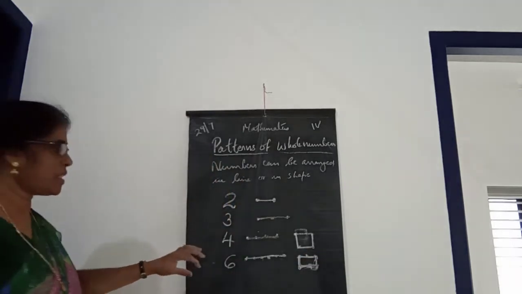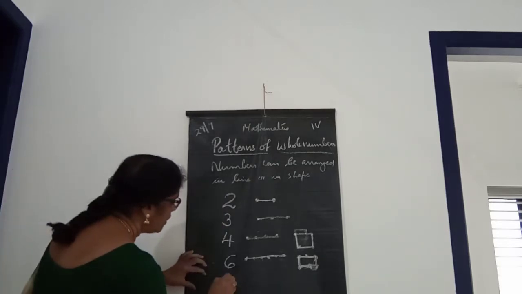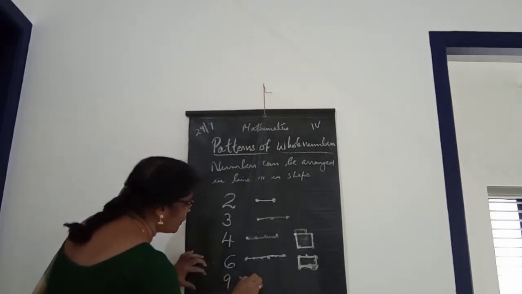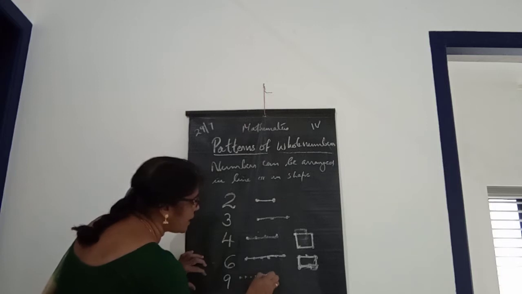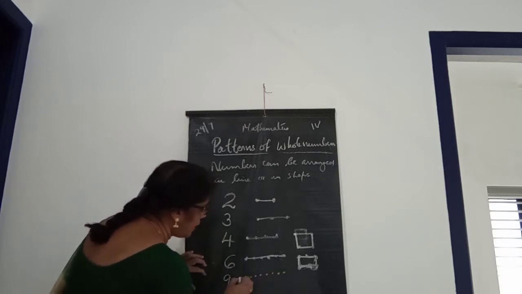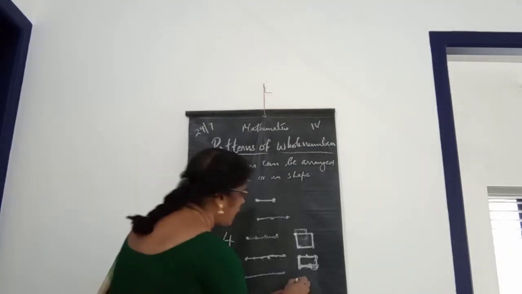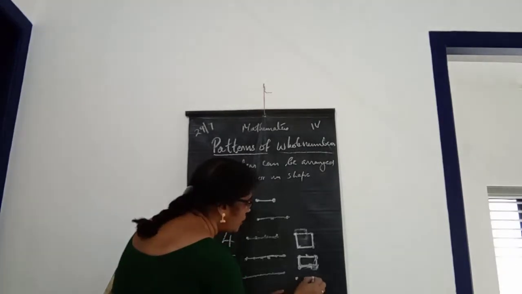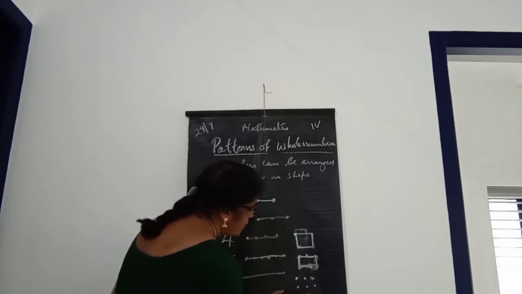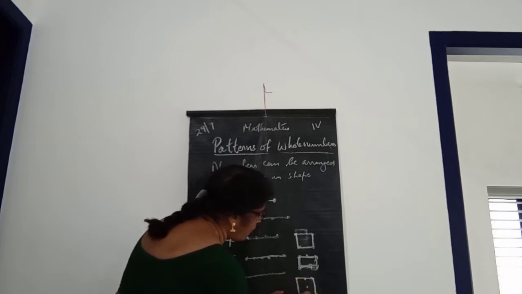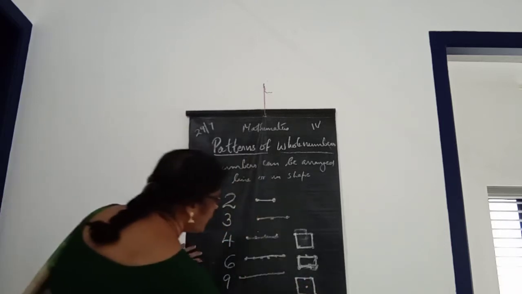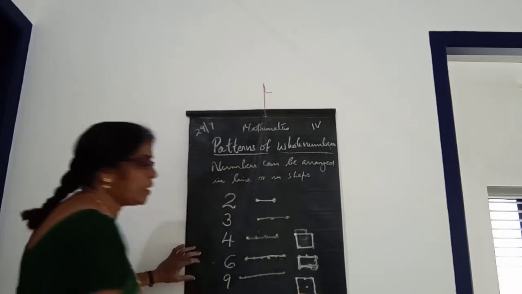And if we use 9, look here, 9: 1, 2, 3, 4, 5, 6, 7, 8, 9, that is a line. And we can also make 9 into a square.